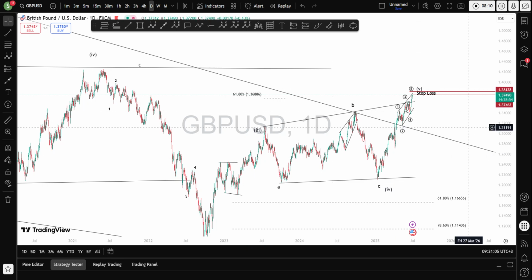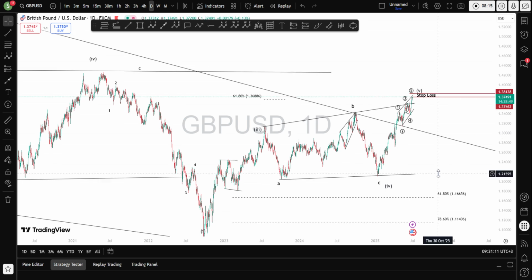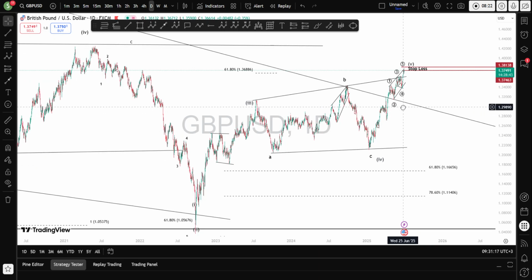So after every 5 impulsive waves, the market must have a correction or correct all the 5 impulsive waves for the next impulsive move.